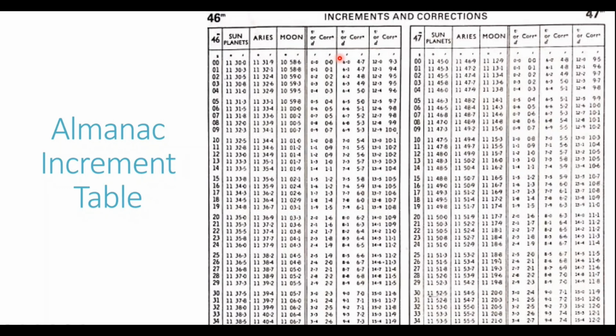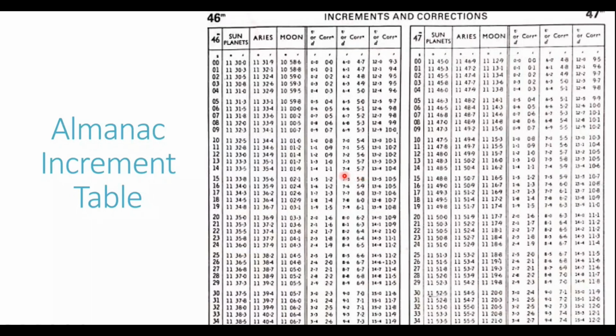Let us say, for example, the V or D correction value was 7.4 minutes for 1 hour. Then in case of 46 minutes, the increment for that value would be 5.7 minutes.